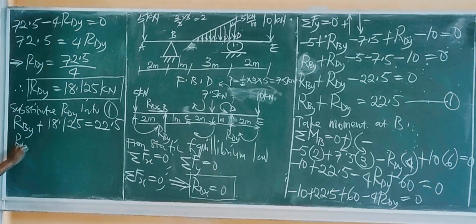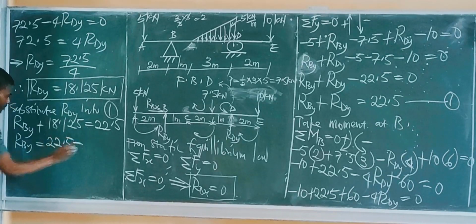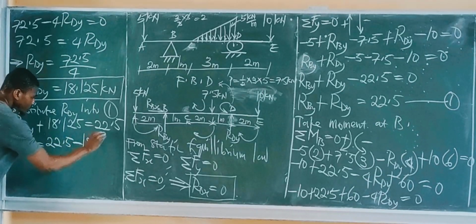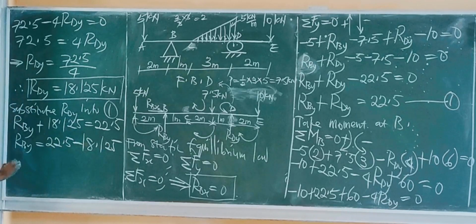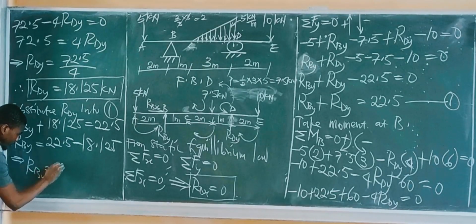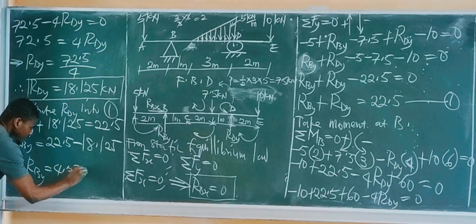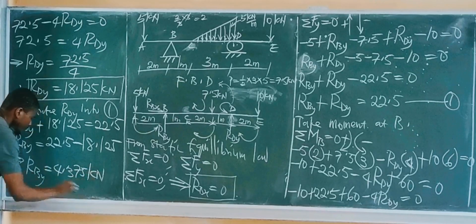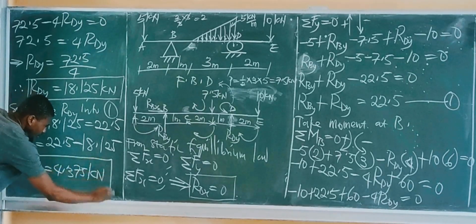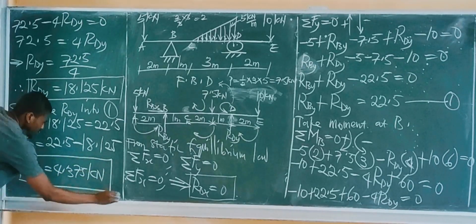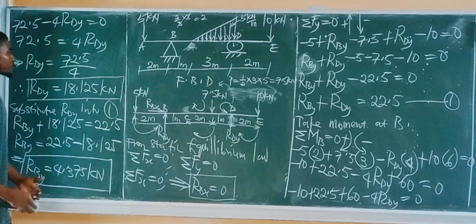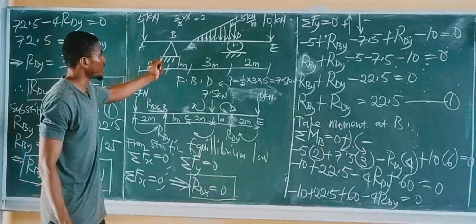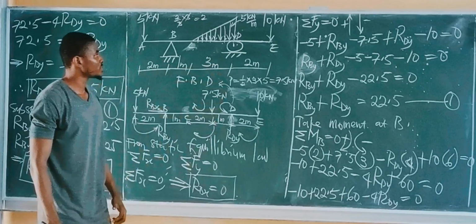So RBY is 22.5 minus 18.125, therefore RBY is equal to 4.375 kilonewtons. So this becomes the reaction at point B. That's how you obtain the reactions at point B and point D.